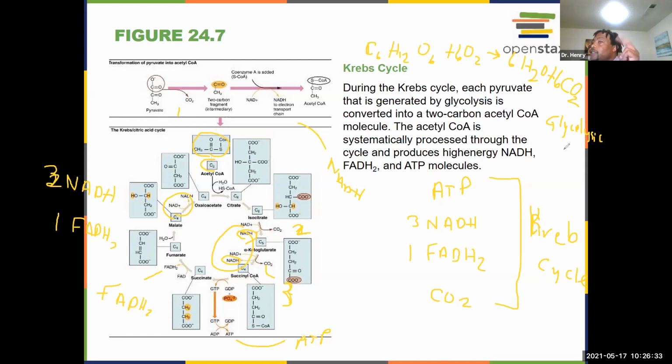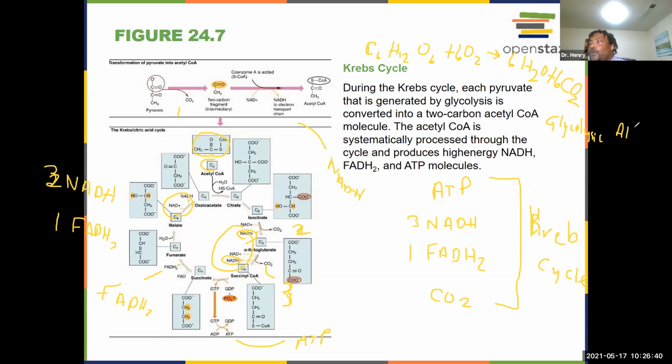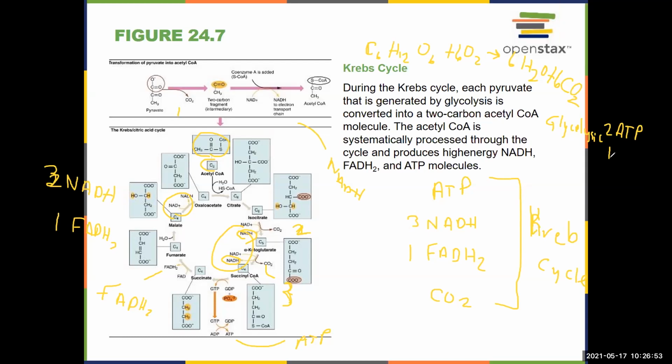Are you sure? Oh, it's 2, sorry. 2, that's right. So we had 2, because it was a total of 4 that were made, but we used 2. So we have 2 ATPs. We have how many NADHs? Should be 1.